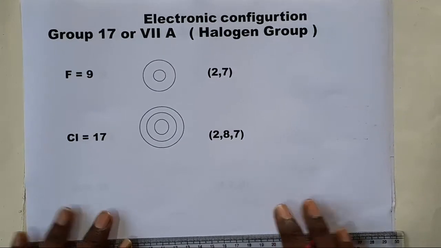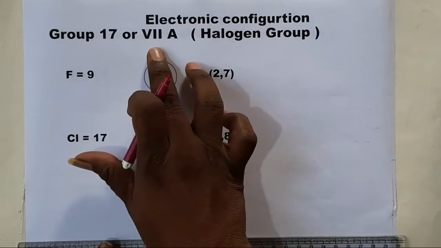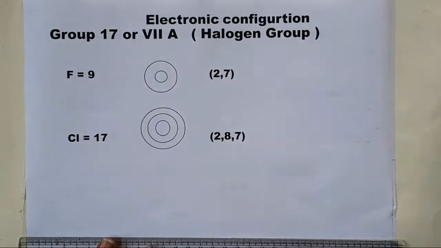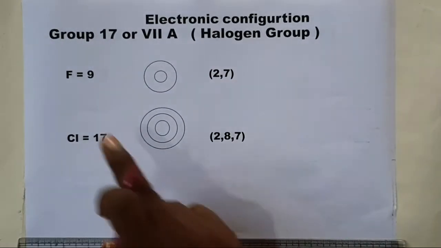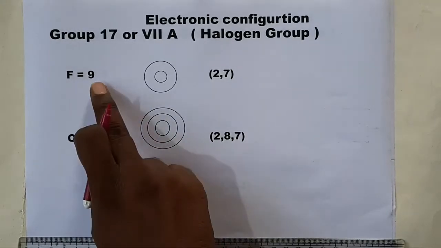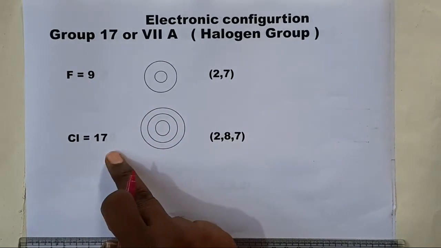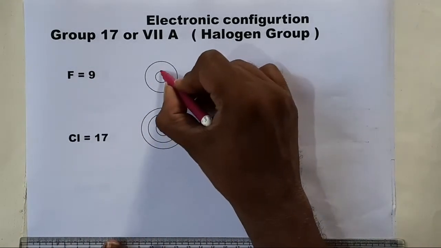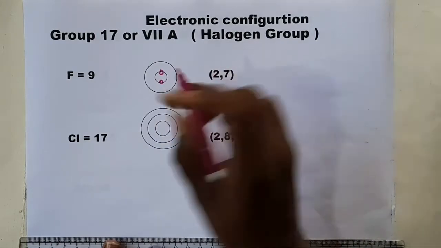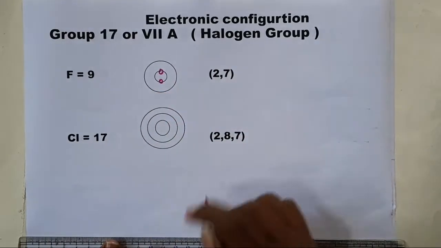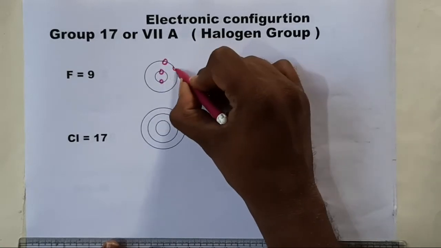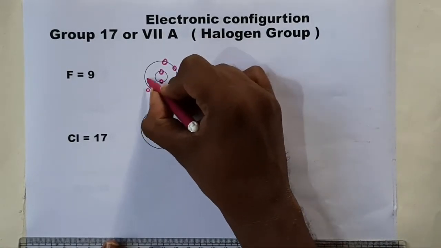Now here group 17, or we call it 7A, that is the halogen group. Fluorine atomic number is 9, chlorine atomic number is 17. Let's see this, 1, 2. So 9 minus 2, 7. So in the last shell, 3, 4, 5, 6, 7.